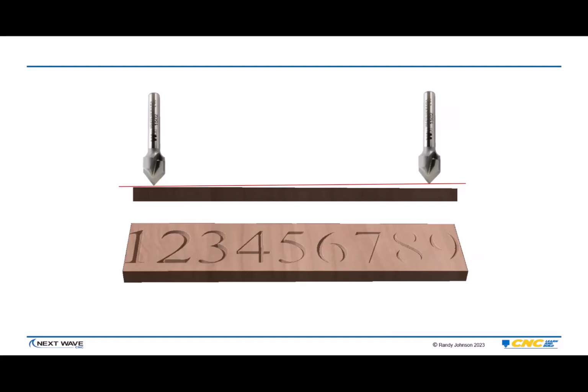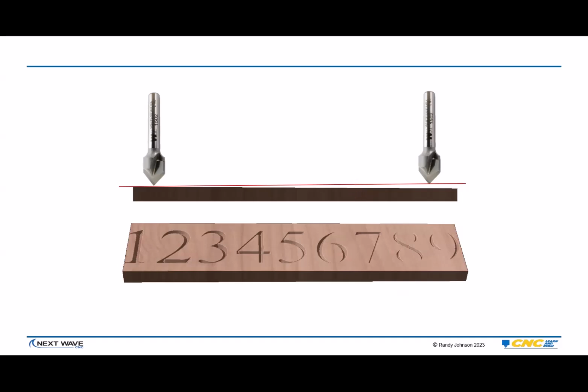And Virtual Zero is an application with Independent or Ready to Control that allows you to modify your file by taking some points on this surface, and then Virtual Zero will actually tweak your file and adjust it so it carves level even though your board isn't level. But if you see your V-carving fading out or going too deep, be aware that this could be the result of it.